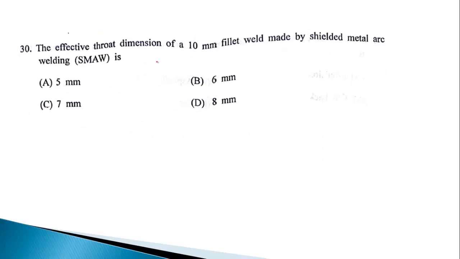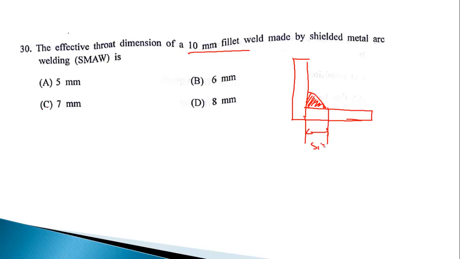The last question that came is the effective throat dimension of a 10 mm fillet weld made by shielded metal arc welding. The throat dimension is the throat thickness. If you have seen my previous steel lecture, I mentioned that if two plates are joined by a fillet, this is the welding part, this is the size of weld, and this dimension is the effective throat thickness.